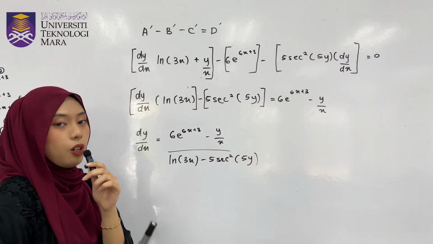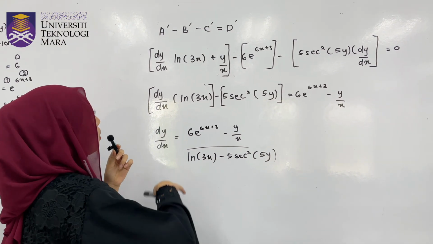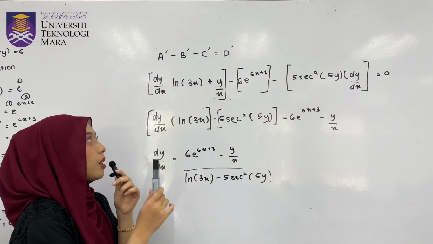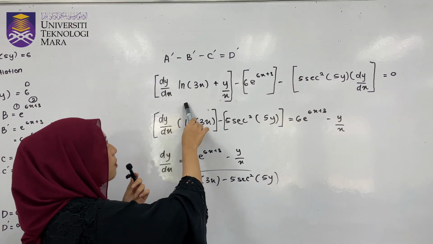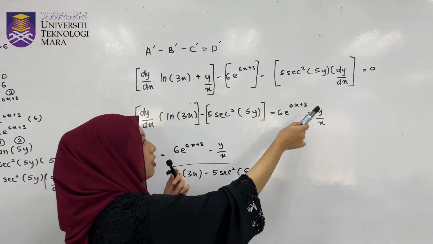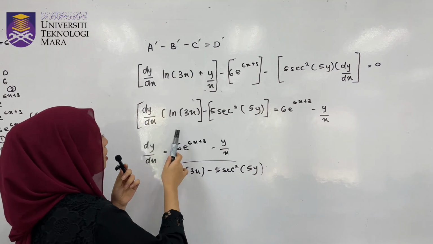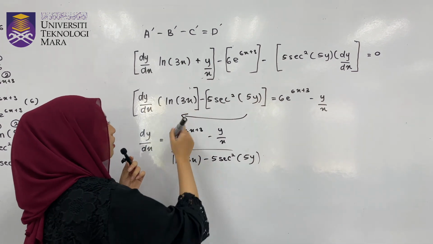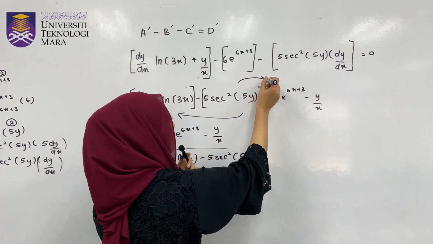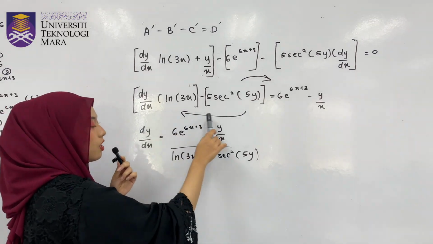After we derive all of the parts, we combine them: a prime minus b prime minus c prime equal to d prime. After that we have to sort the dy/dx to the left and the non-dy/dx to the right, and then we get this equation.